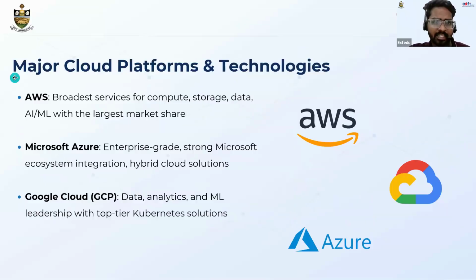We'll discuss the major cloud platforms like AWS, Microsoft Azure, and GCP. As most of us are well known to AWS, around 80 to 90% of people are utilizing AWS as the interface is easier and they have more resources.